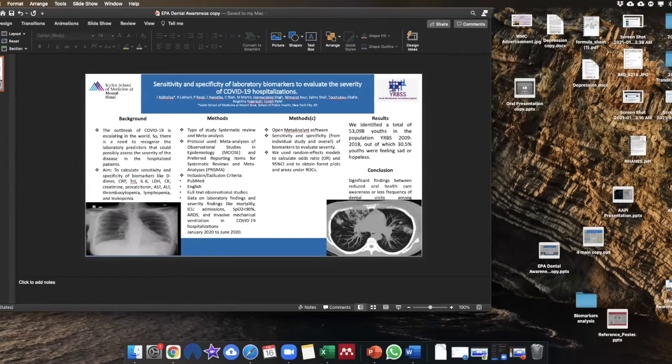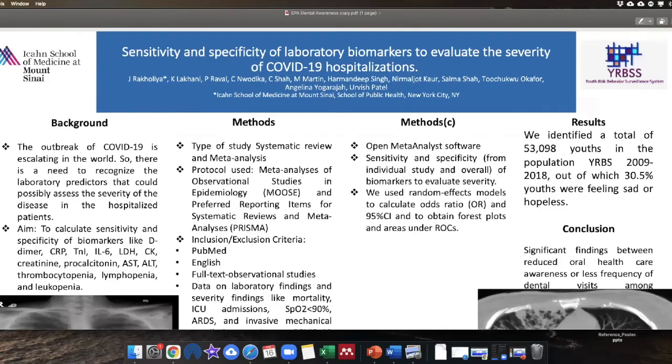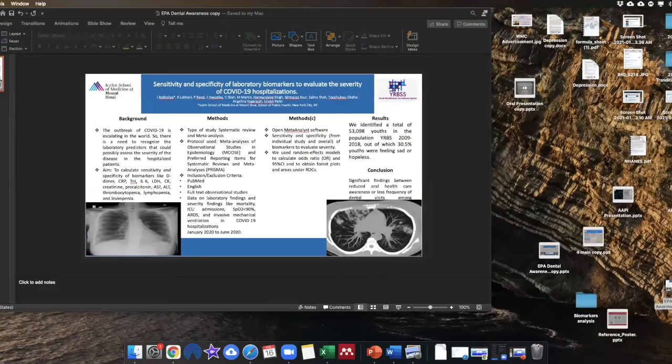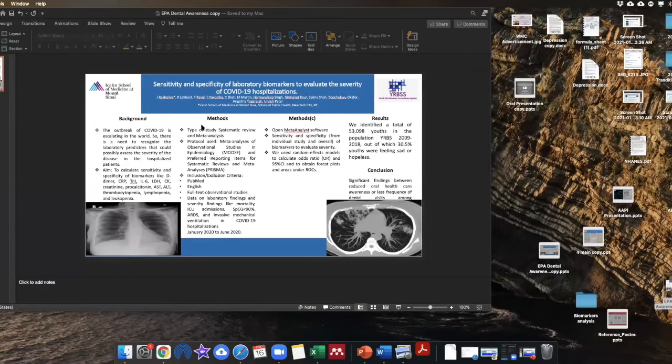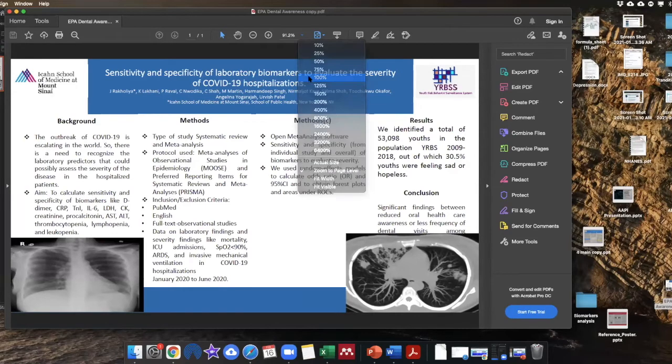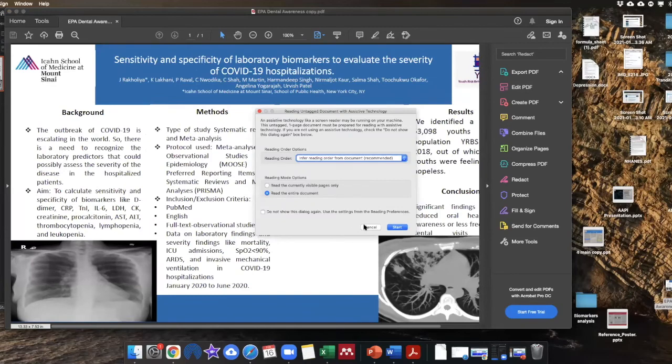Opening this file in PDF. Open with PDF. Yes. So now here you will make it 100%. You are going to make it 100%.